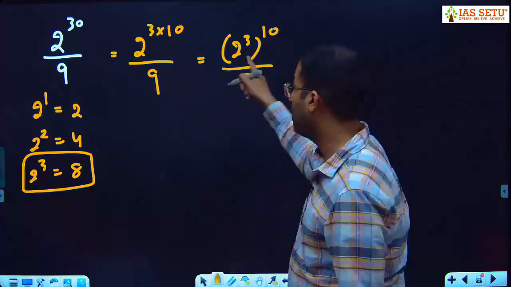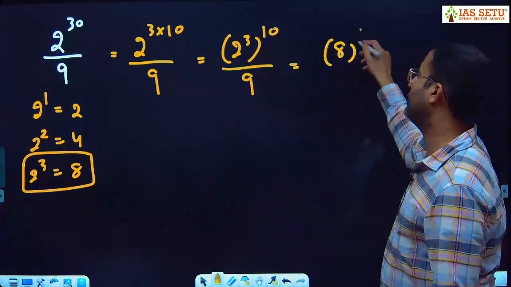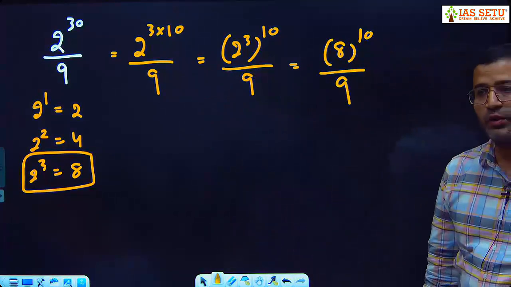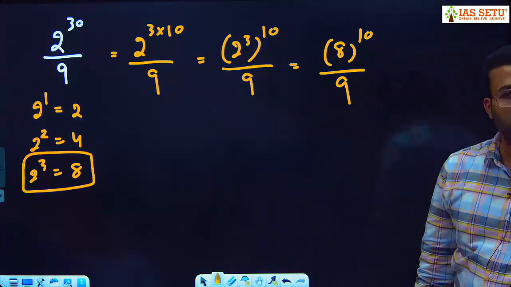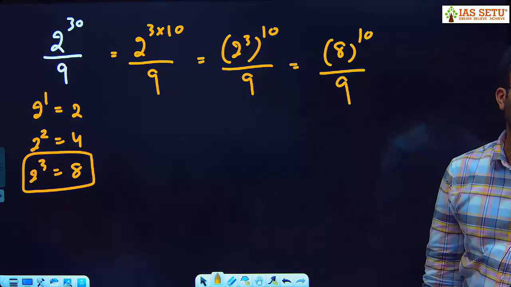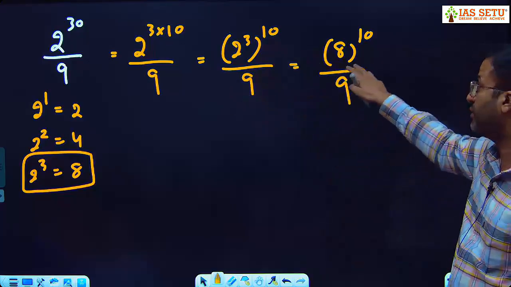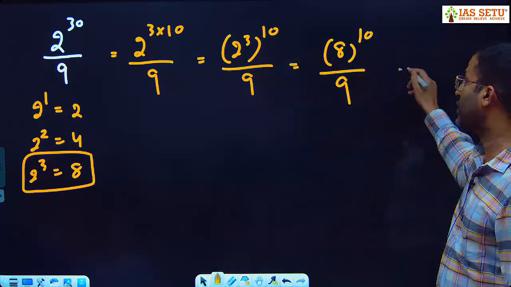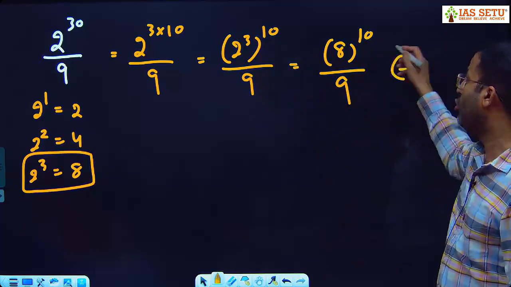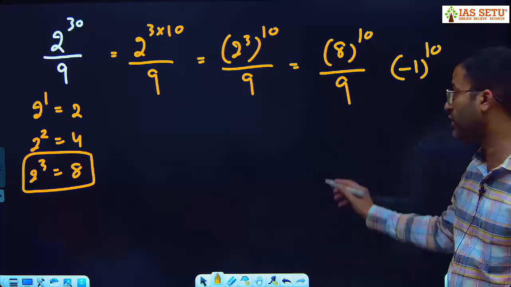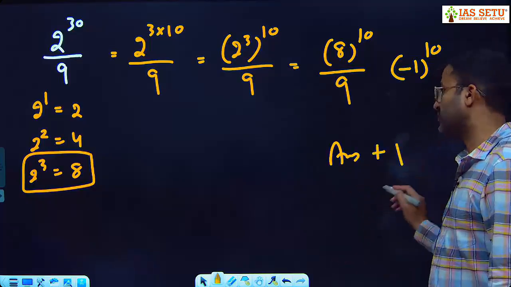So then it is 8 to the power 10 divided by 9. Every 8 with respect to 9 gives remainder 8 as well as -1. So we use the negative remainder, because this theorem is the -1 negative remainder theorem. 8 with respect to 9 gives remainder -1, how many times? 10 times. Tell me, what is -1 to the power 10? +1. So your answer here is +1.